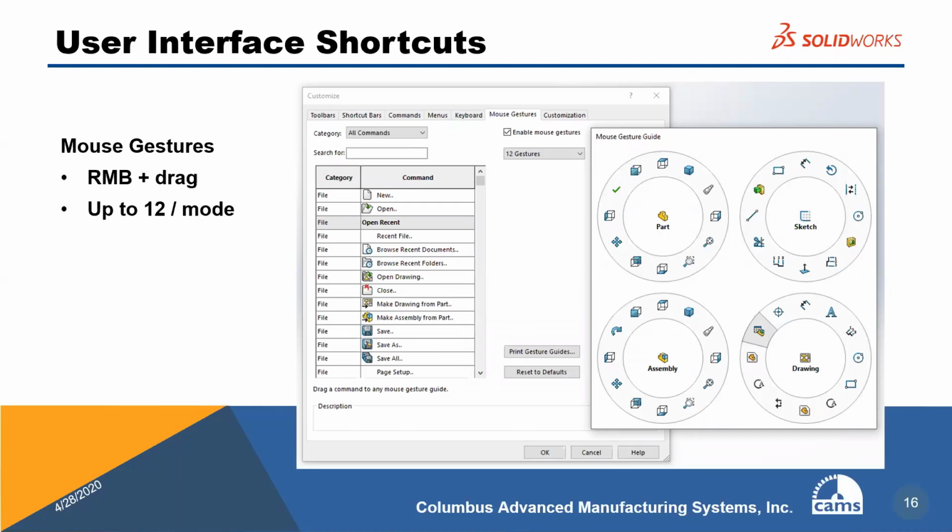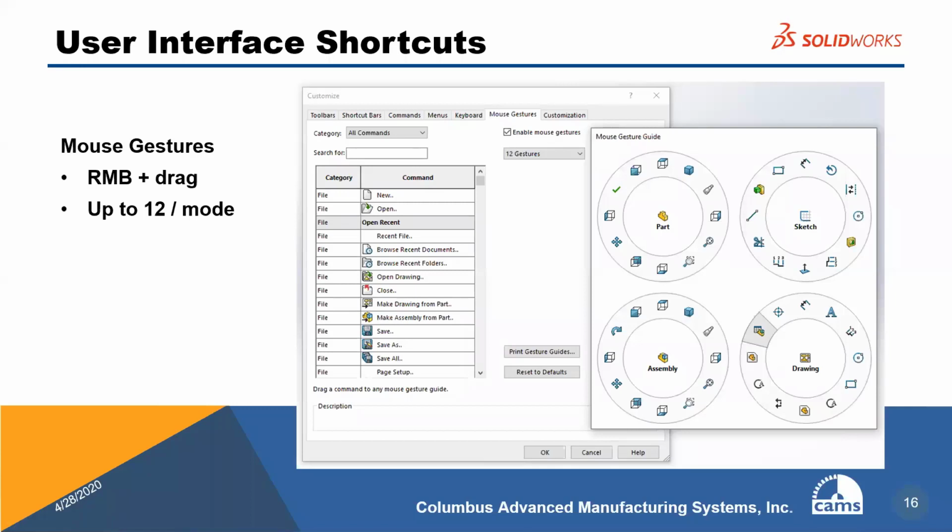If I use it less frequently than that, like in the case of the splines, then it goes on the flyout toolbar on the letter S. But it's a huge time saver. It really, really is, and lets you focus on the model itself and not on the tools. Okay? And like I said, you can set this for up to 12 different gestures.